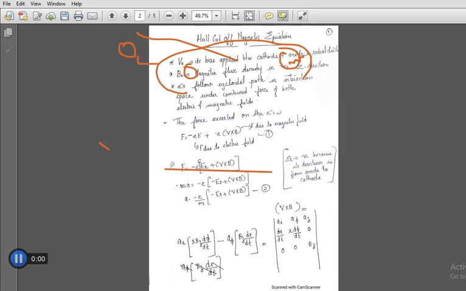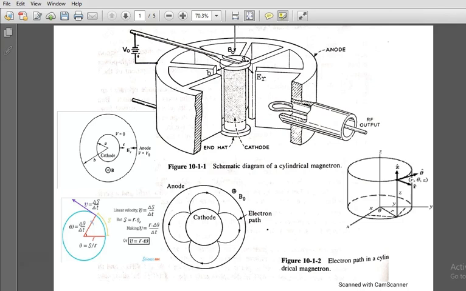When we connect this voltage like this, we know that we will have an electric field, whose direction is from plus to minus. That is indicated by ER because it is in the radial direction, along the plane of the paper. Since it is a crossed field device, the magnetic field is applied in the perpendicular direction, that is B0.